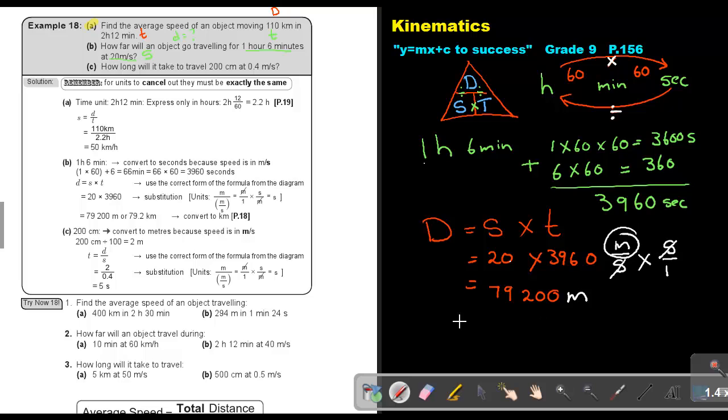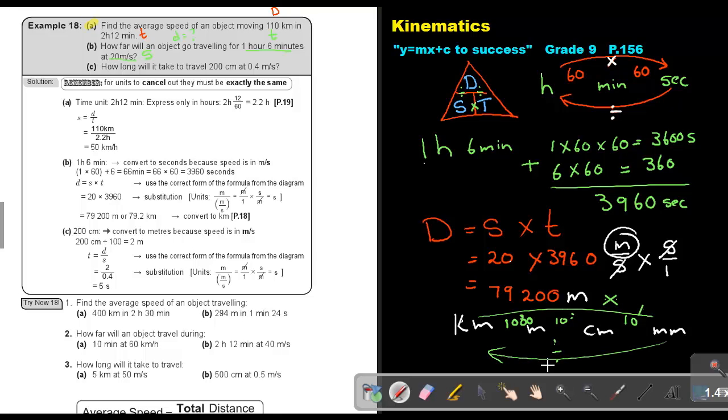Now, can you still remember the table? Kilometers, meters, centimeters, millimeters. So this will be 10. This is 100. This is 1,000. Going that way, times; coming back, divide. Okay. So basically, if I want to go from meters back to kilometers, can I just show you?